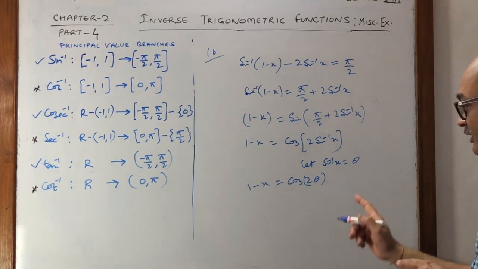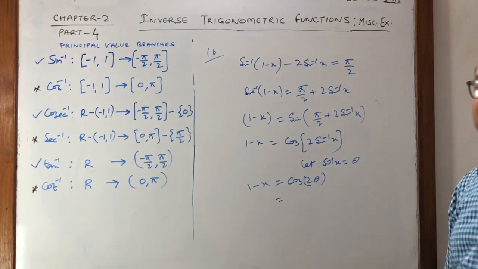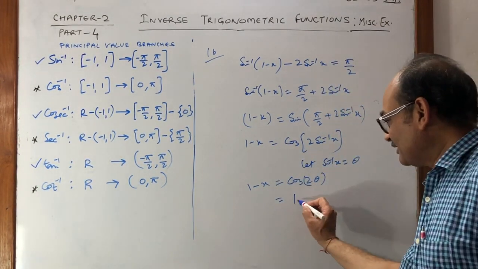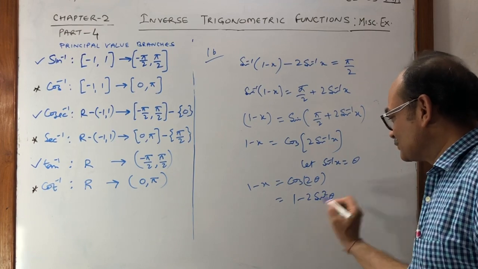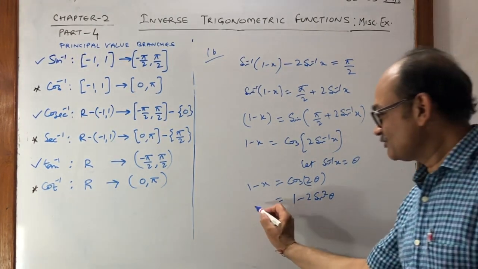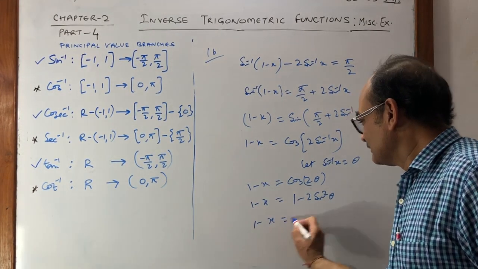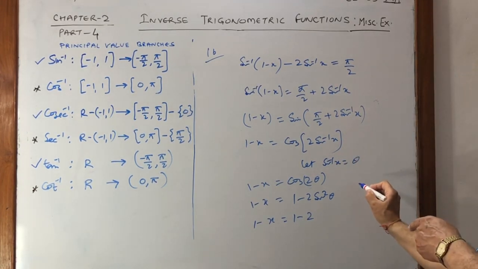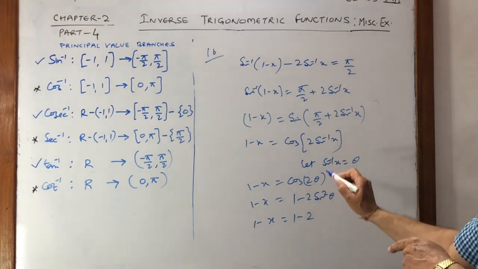And cos 2 theta, if you want to convert in terms of sine, again class 11th, you know the formula: 1 minus 2 sine square theta. This is 1 minus x equals 1 minus 2 sine square theta. Theta is sine inverse x, so x is sine theta.